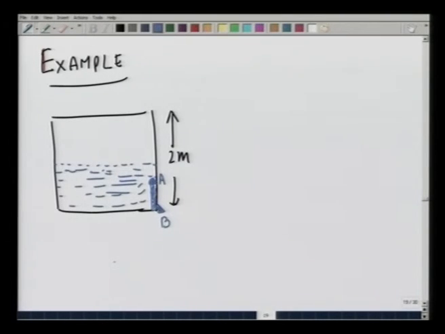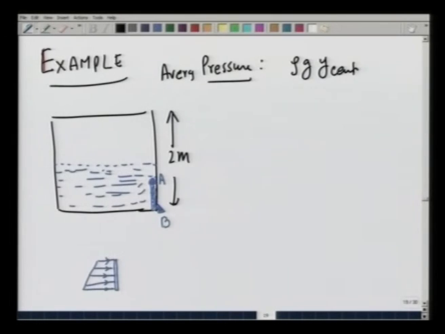To do so, first realize that this door is loaded by pressure like this. This is a square door. So, the loading is trapezoidal. Therefore, the net force, the average pressure on the door is going to be equal to the rho g y centroid of the area of the door here.